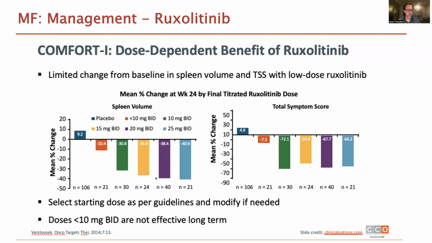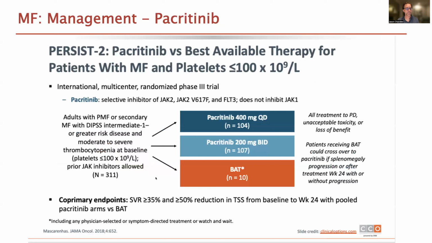At the lower doses, placebo to the far left, less than 10 milligrams, there's not much change in symptoms or spleen size. At 10 you do pretty good, 15 better, 20 better. So the super low dose is not really doing much in these patients. You have to get at least to 10 milligrams and you can get a better response going up, but then it's going to knock their blood counts down.